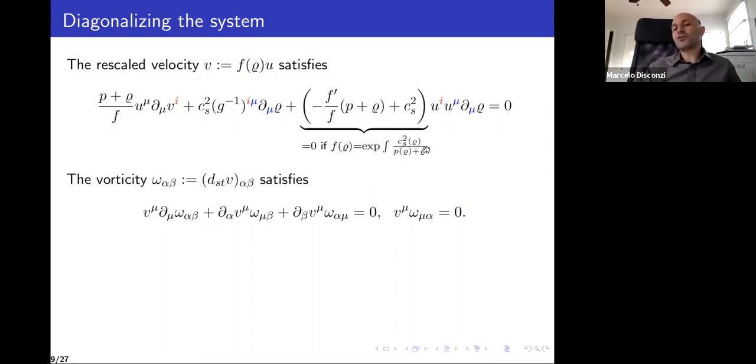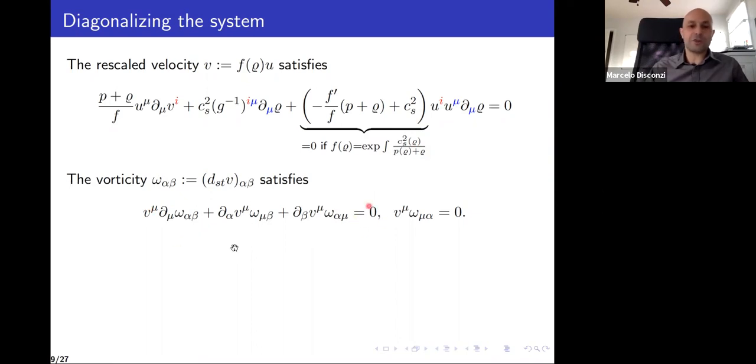So at this point, you imagine you're on the right track, because the function that you chose without thinking about the vorticity, just to kill this term, turns out to be exactly what you used for the vorticity.